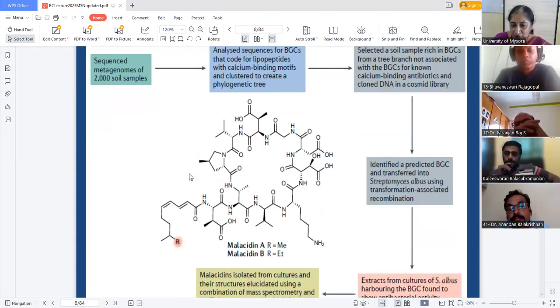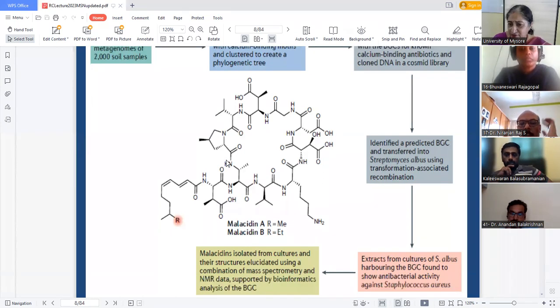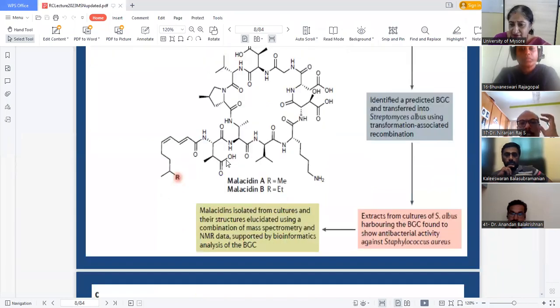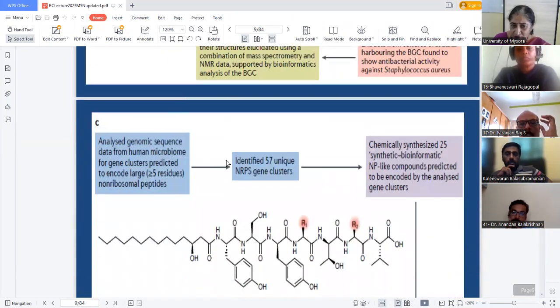Using this principle, an antibiotic, malacidin, has been identified with a unique functional group. So R refers to either A or B, the analogs, either methane, methyl, ethyl, or methoxy. So this is one approach.